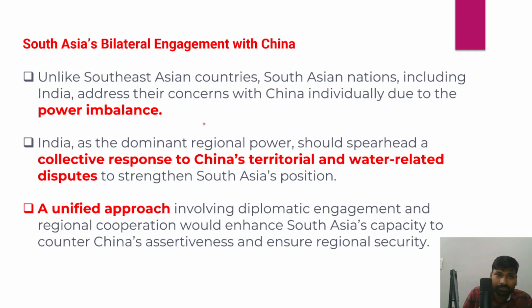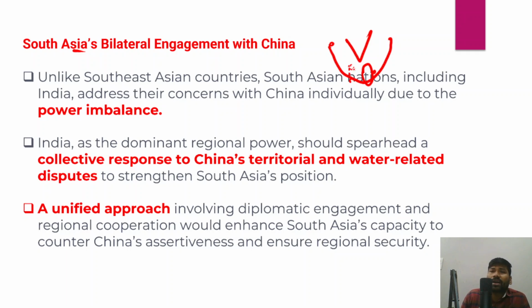And in fact, we should understand South Asia's bilateral engagement with China. We know that China follows the policy of the string of pearls, where China has military, I would say naval, bases in different parts. For example, Gwadar port in Pakistan, very close to Chabahar port and the western part of India, and even in Sri Lanka, it has acquired Hambantota port. In the Maldives also it has a strategic presence.